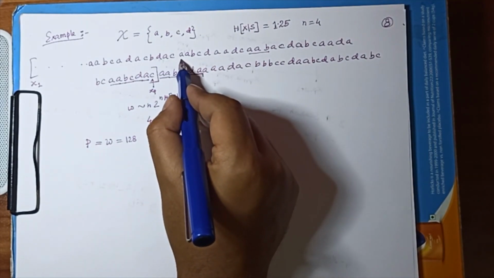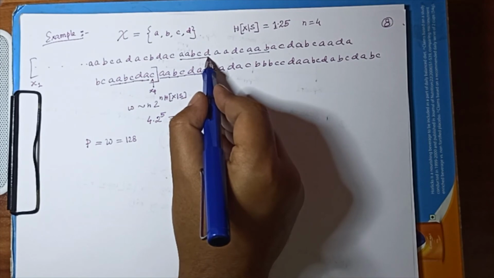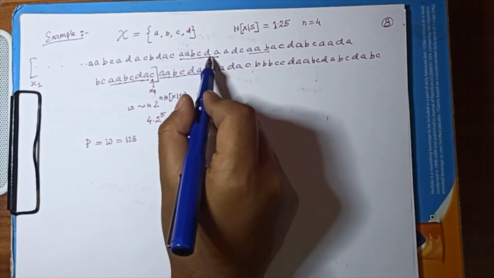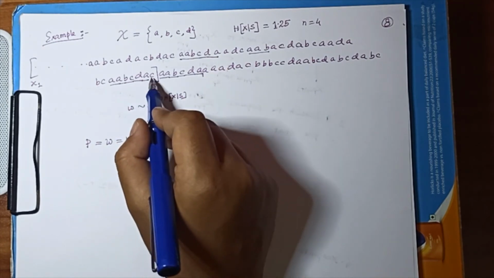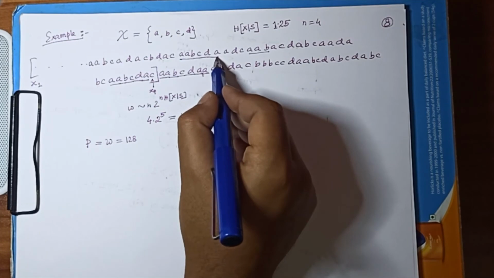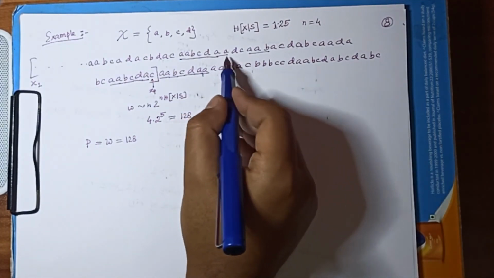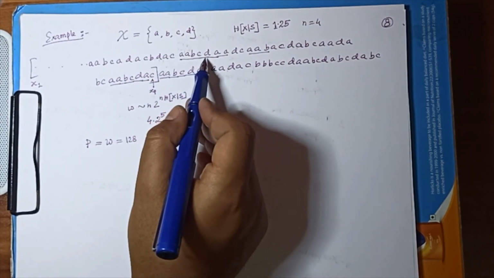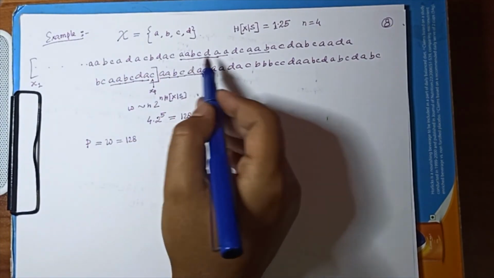AB you are getting here, ABC you are getting, D you are getting, A you are getting. So A, B, C, D, A. Here it was C, so you could not match, but here you are going for A, so it is a little bigger. No more. So this is the biggest match you can get.